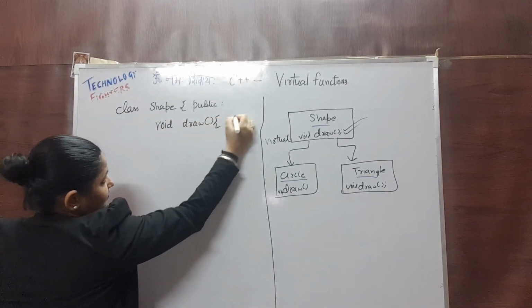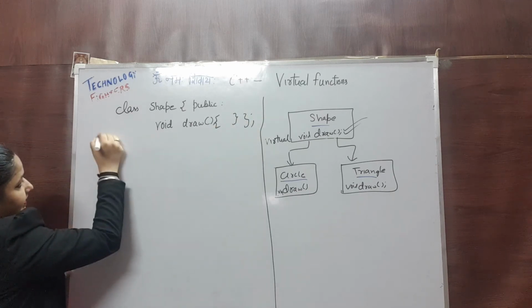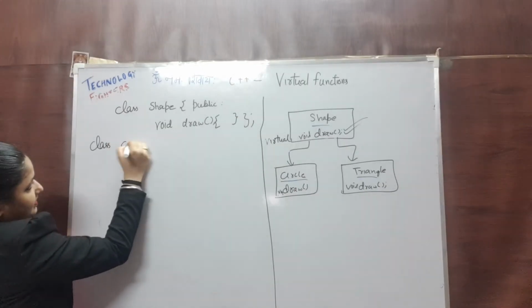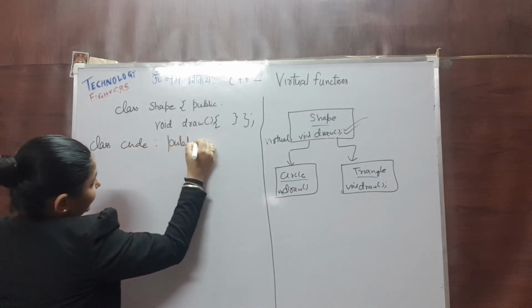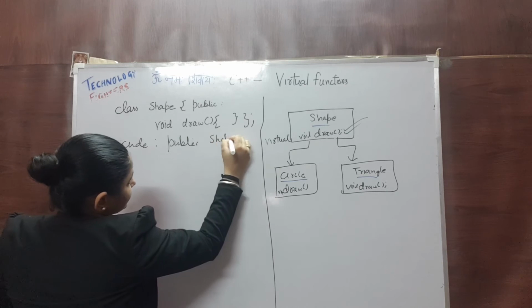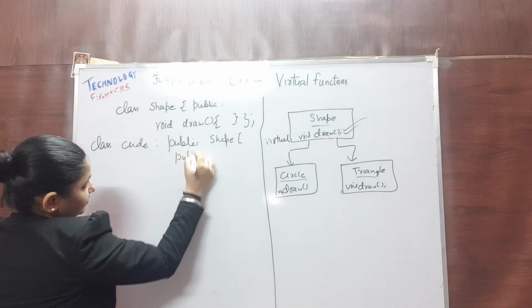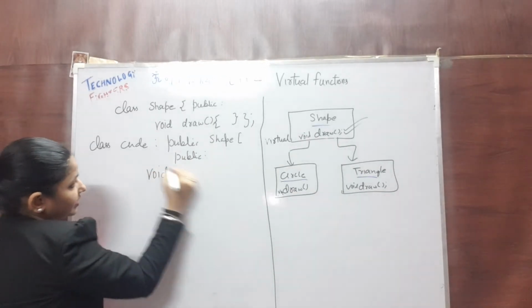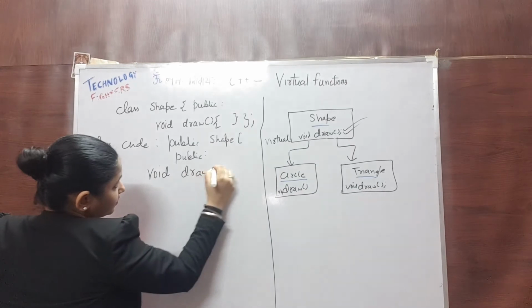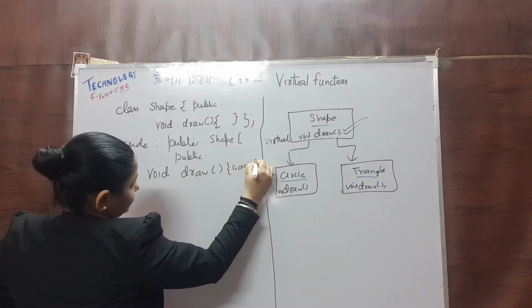This class is closed. Next we have class Circle. In public mode, I am inheriting the Shape class. Now, again in the public section, I have the function void draw, with cout Circle.